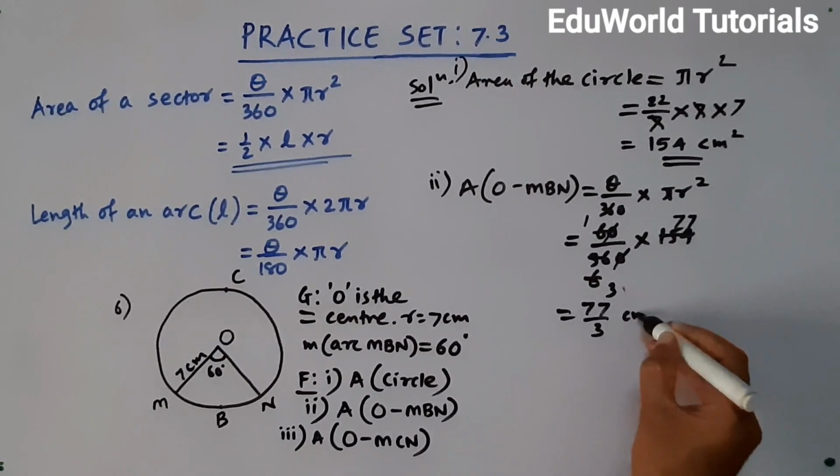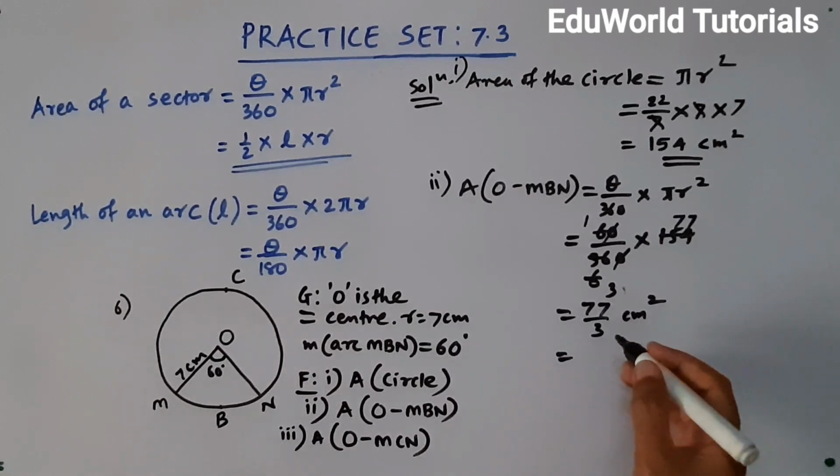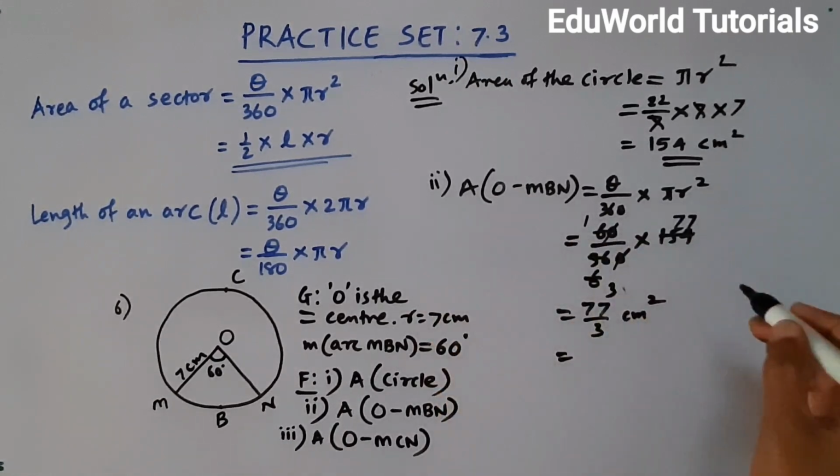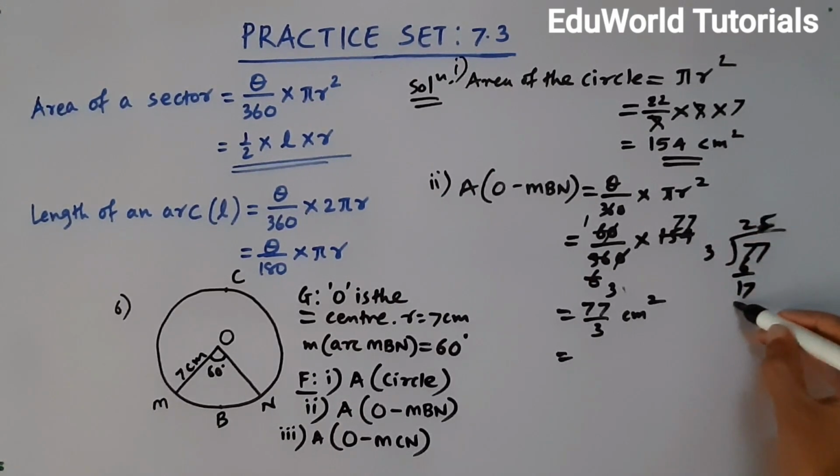Centimeter square. If you want the answer to be written in the decimal form, it will be 77 divided by 3. If you divide 77 by 3, 3 2s are 6, 1 remainder, 3 6s are 18, 3 6s are 18, so 3 5s are 15. So we have 7 minus 5, that is 2.